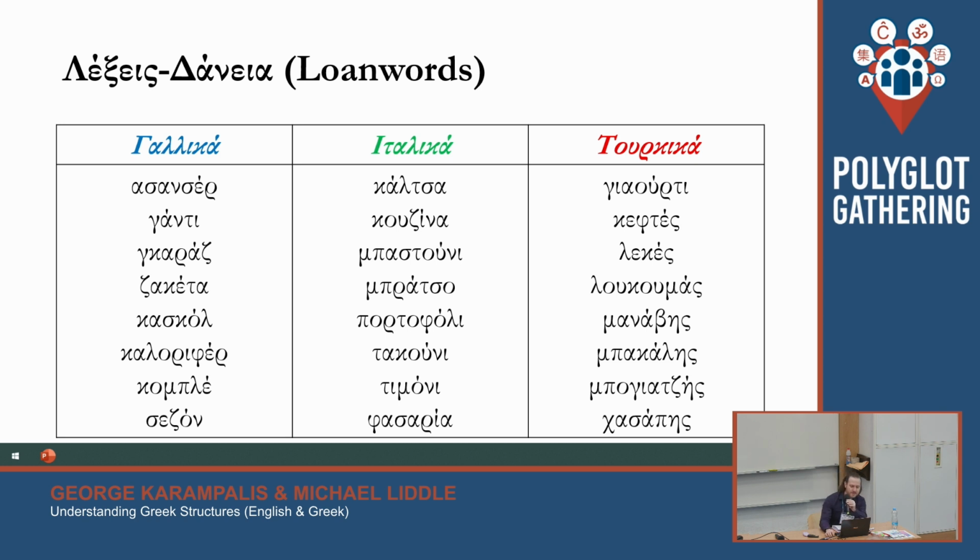Then cascol, which is kashkol, so we've got kashkol and kaskol. What sound can't the Greeks make? Sh. So they can't say sh, they just make it an S. Okay, calorifer, which means radiator.